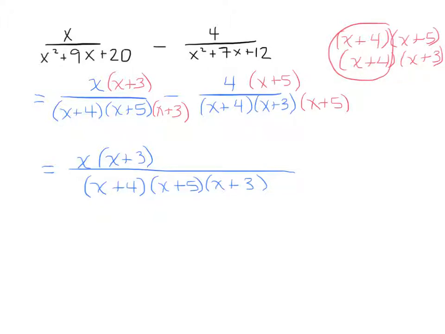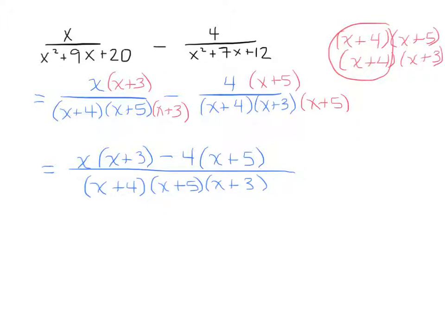X plus 4, x plus 5, x plus 3. So on top, it just looks like, take that minus, and then 4 times x plus 5. Because we have to multiply by the same thing on the top and bottom to keep it equivalent. Right? We multiply by 1, which is x plus 5 over x plus 5.